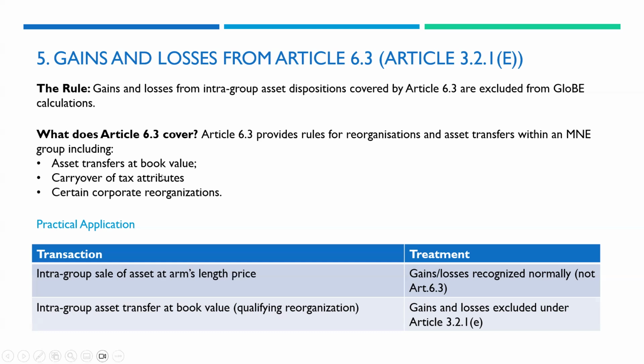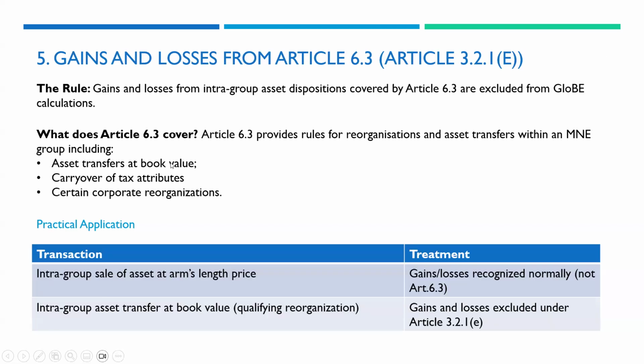So that carryover will create, like, carryover of tax attributes also at the time of reorganization. So those things and certain corporate reorganizations, we will discuss this in chapter 6.3. If any income or expense relating to that, do not include in GLOBE calculation. Adjust from net profit and loss. Clear? Okay. Fine. So that is 5.